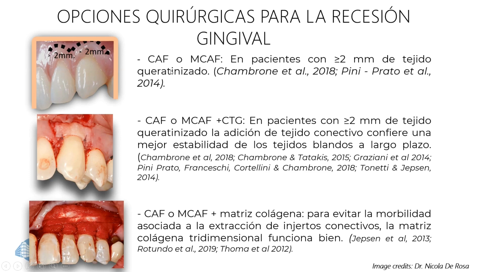One of the most used surgical techniques is the CAF, or MCAF when there are multiple gingival recessions. CAF stands for coronally advanced flap, and it can be used in patients with at least 2 millimeters of keratinized soft tissue.